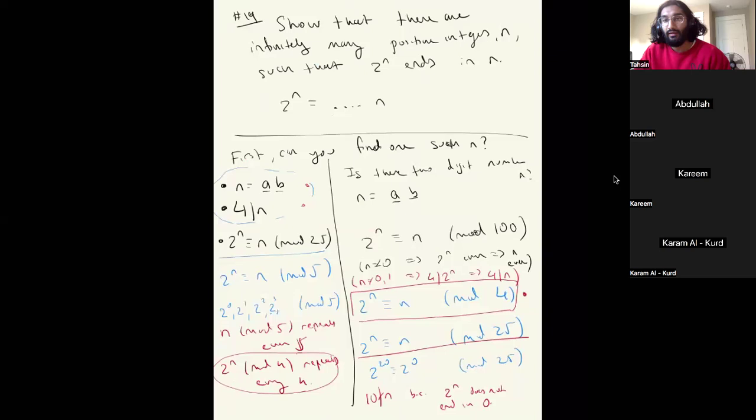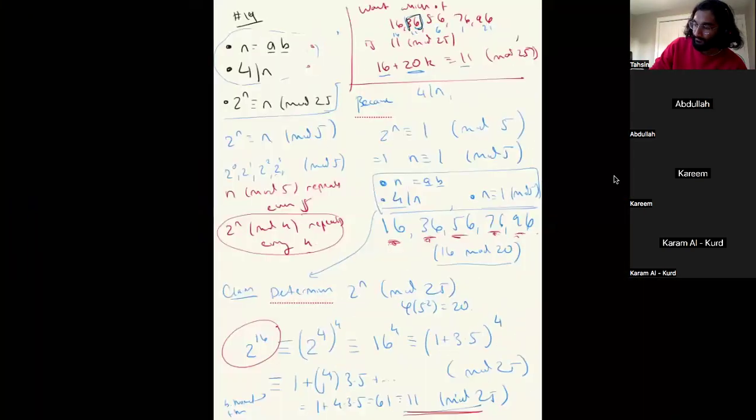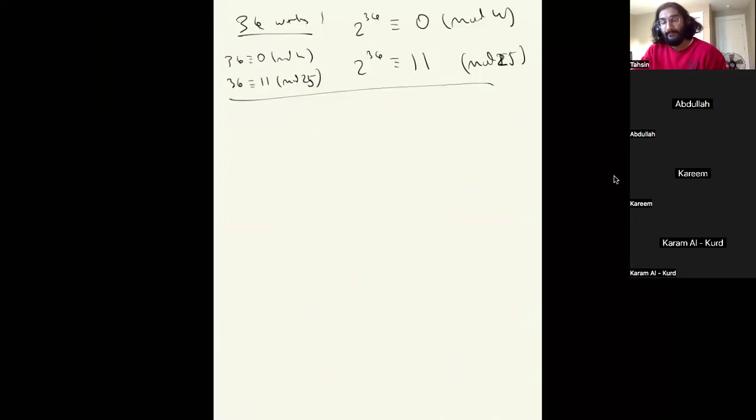And moreover, we found that among all two-digit numbers, there's a unique one. So I think the next thing we should do is just find another one. What is the next number where this is true?